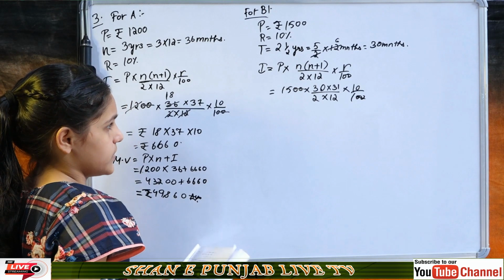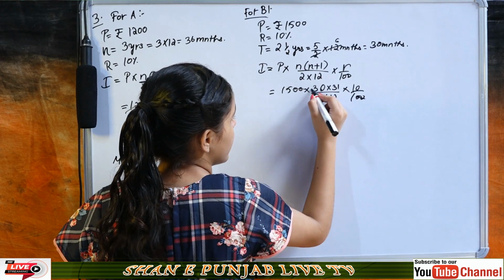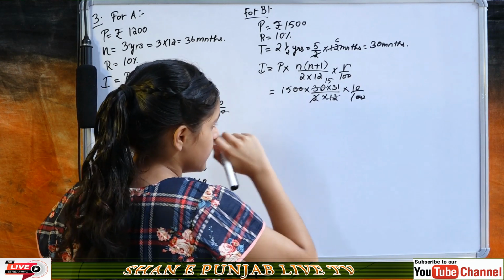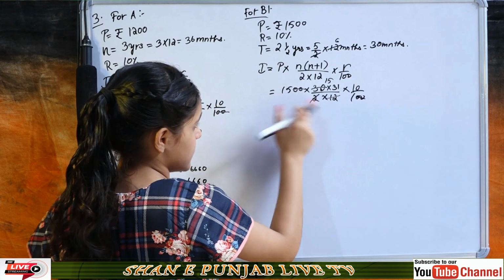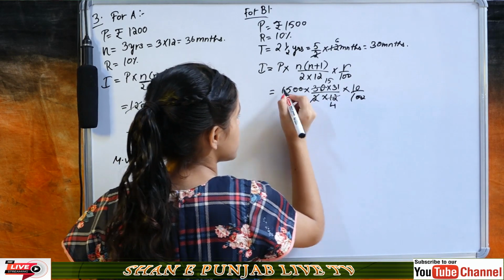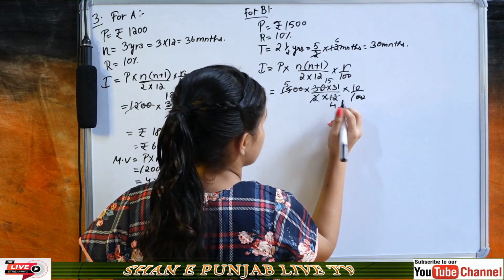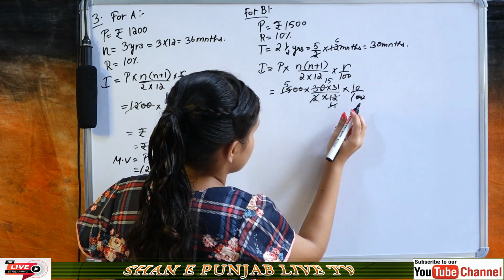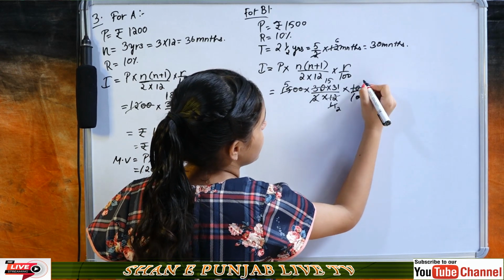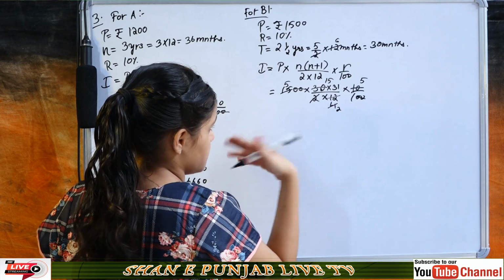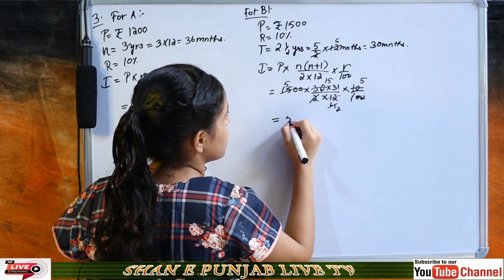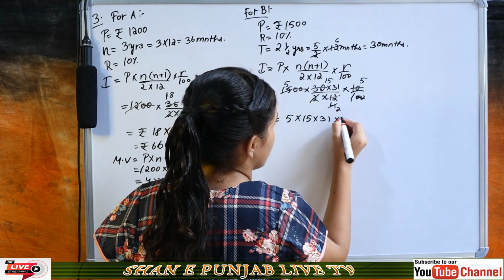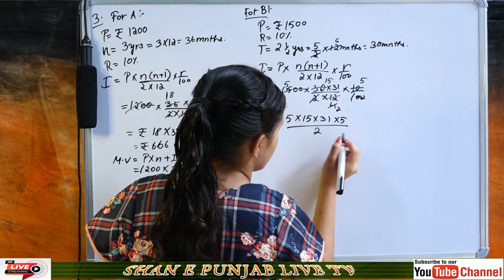Zeros cut by zeros. 2 ones are 2, these 15s are 15. 12 on this 3 table, 4s are 12, 5s are 15. Now this 4 2s are 8, this 5s are 5. No cutting. 5 into 15 into 31 into 5 upon 2.